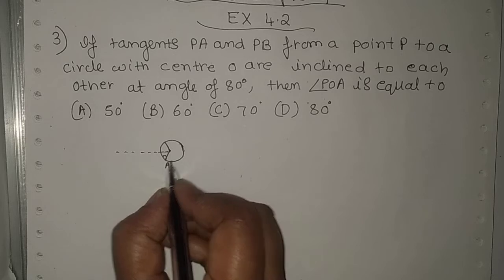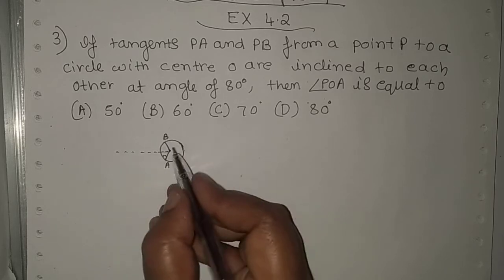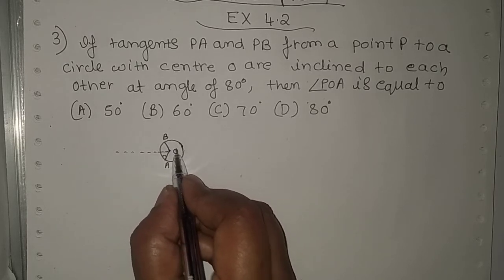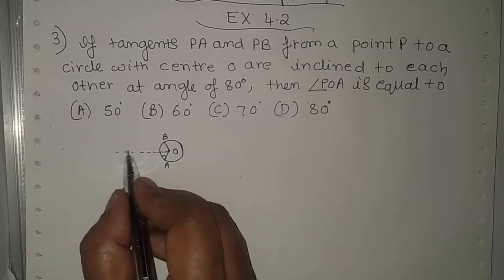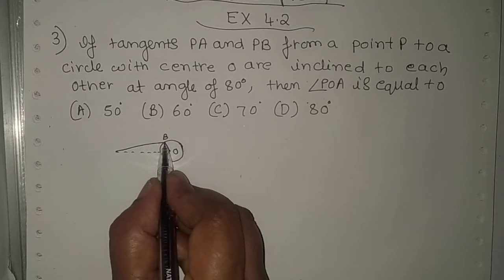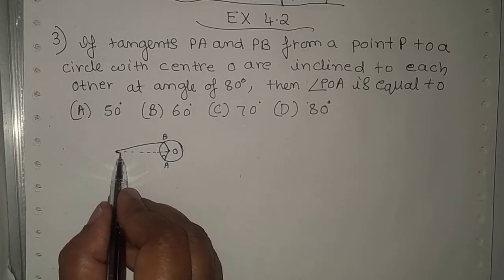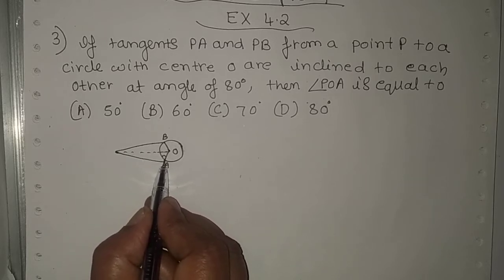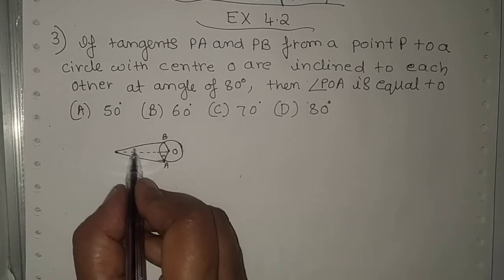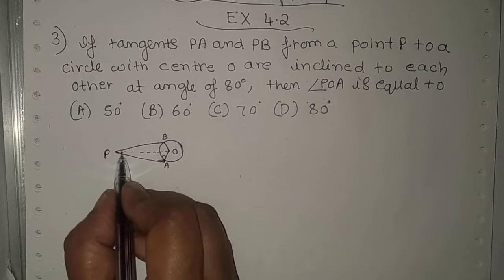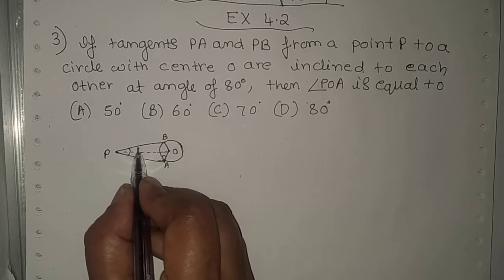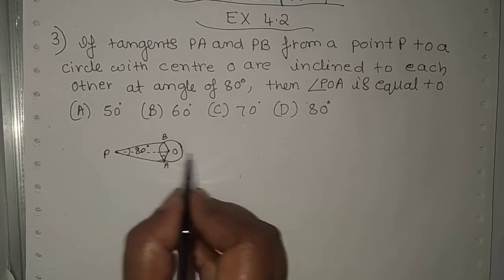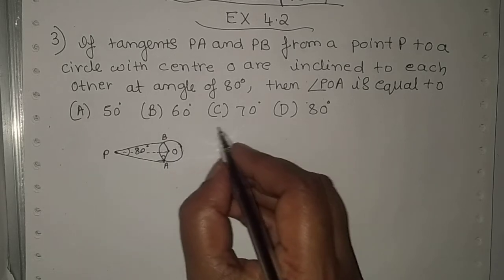So this is A radii, this is B radii. This is the center of the circle. Then join these two. These are the tangents to the circle. I'm just writing the rough diagrams. P, then this is given as 80 degrees. These are the two radius.